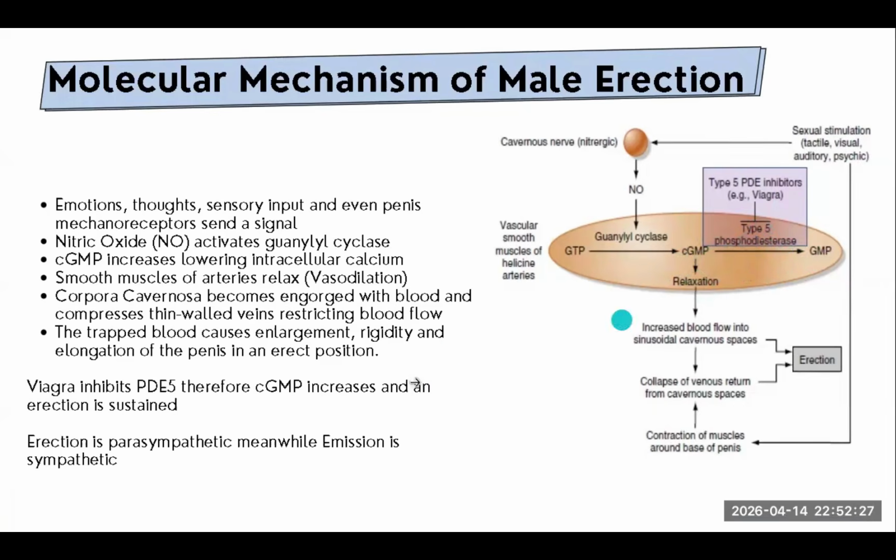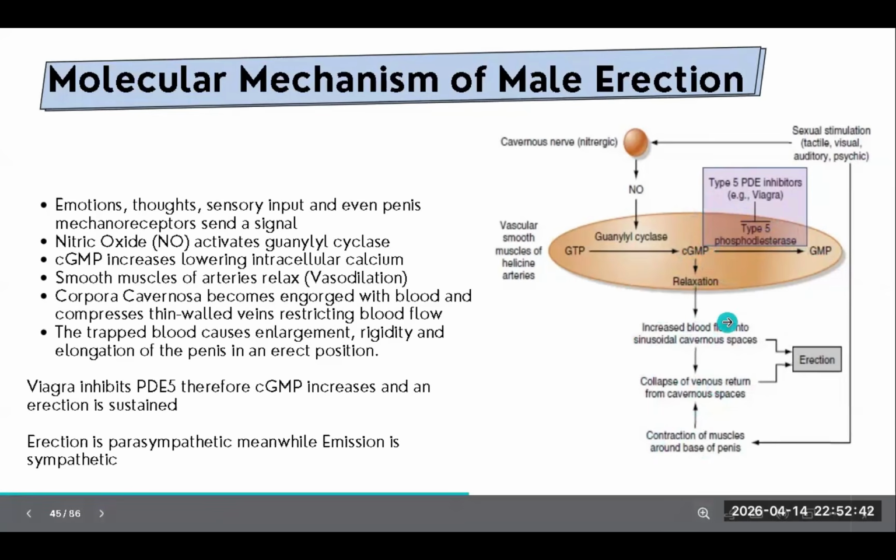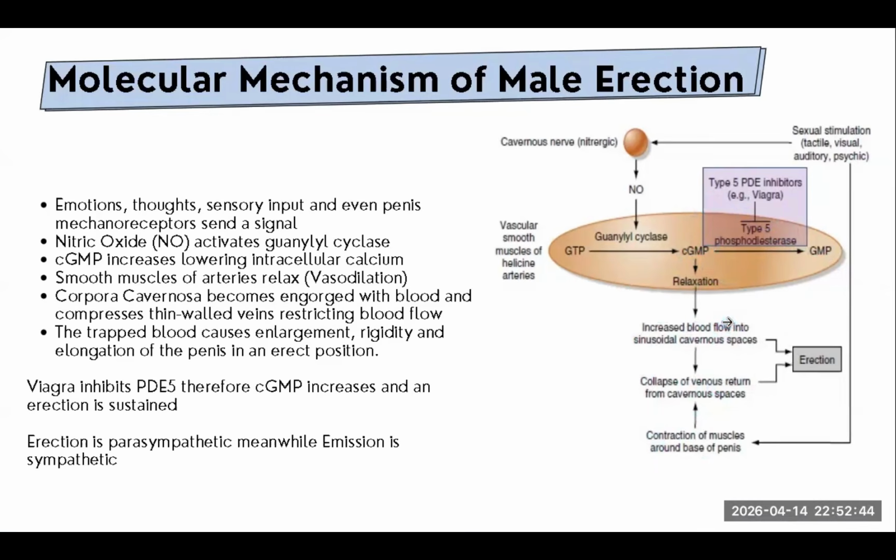So this is actually the mechanism by which Viagra acts. Viagra is a type 5 phosphodiesterase inhibitor, and it inhibits the conversion of cyclic GMP to GMP. Therefore, cyclic GMP would lead to all of this. And lastly, for this slide, erection is parasympathetic, meanwhile emission is sympathetic.